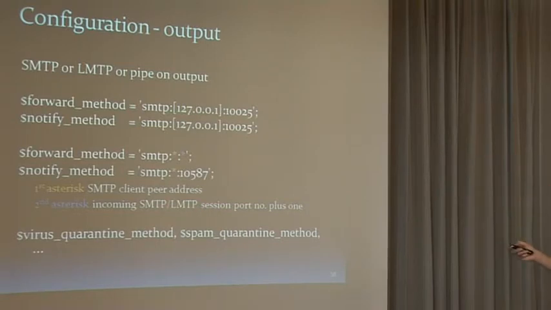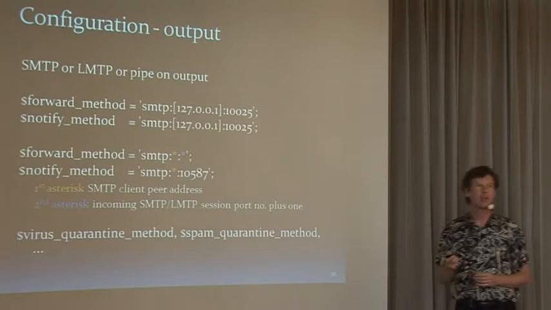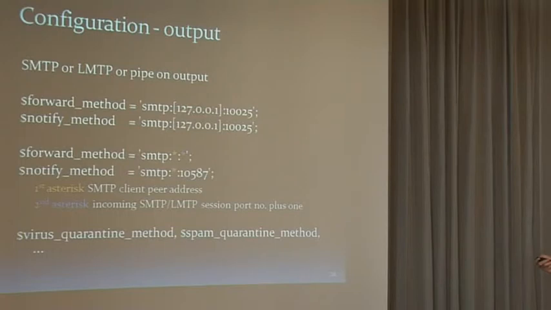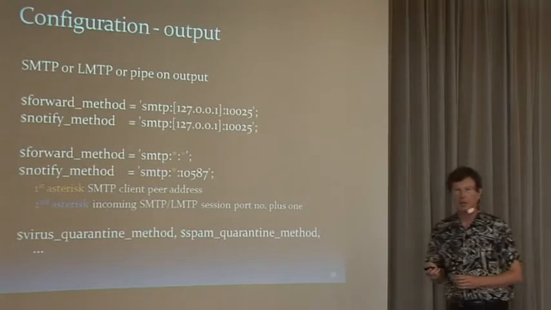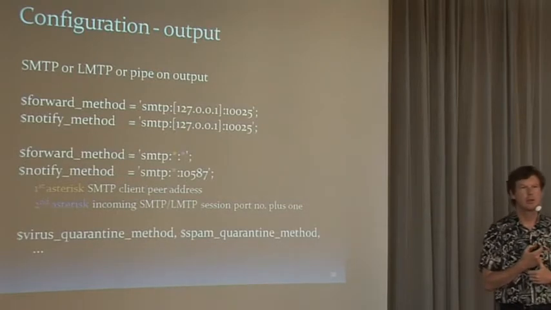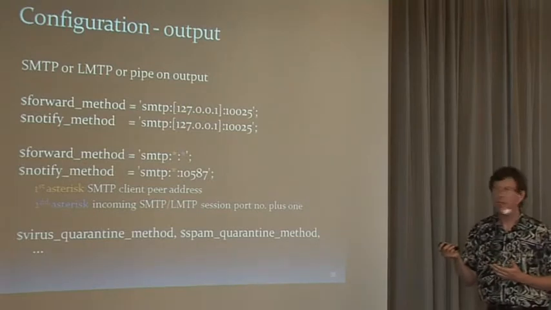Okay, this is the output side. So this tells Amavis where it should send its mail to. In this case, I've listed only 2 variables, but there is also a setting to tell where to send quarantine messages, where to requeue to, but the principle is all the same.